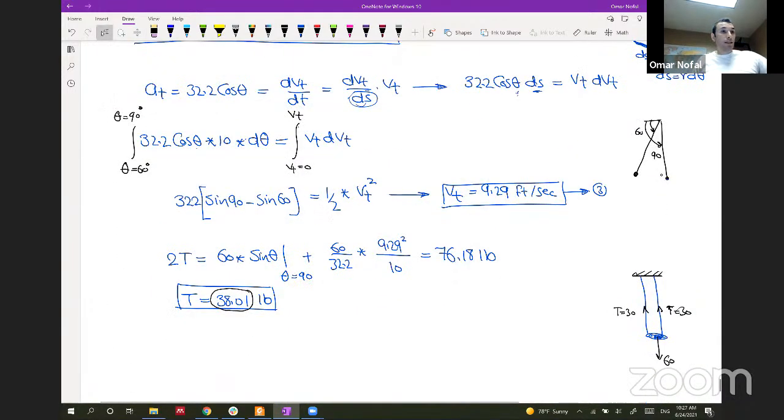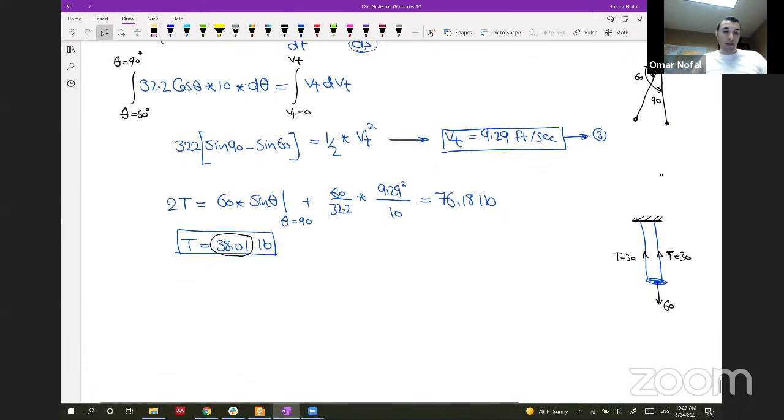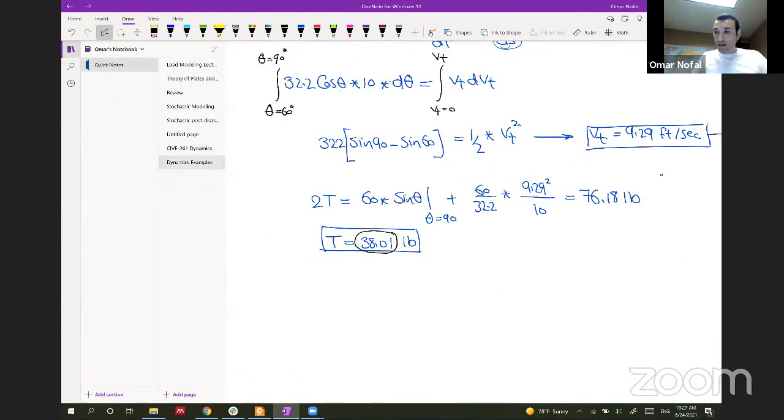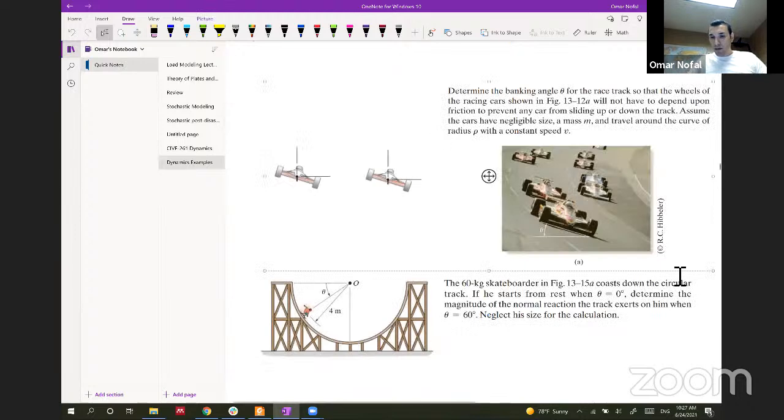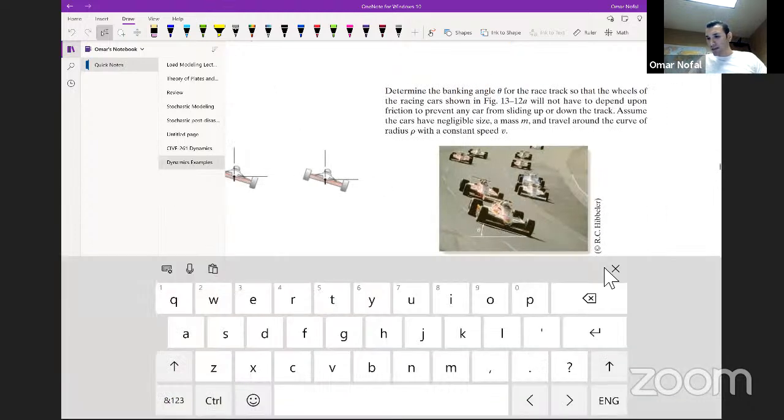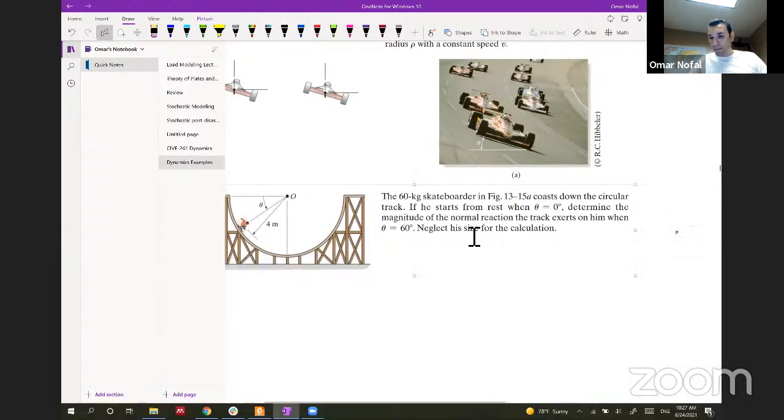Okay, so let's solve another problem, and actually it's kind of similar to the swing problem.